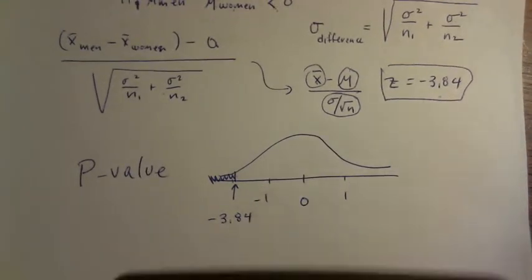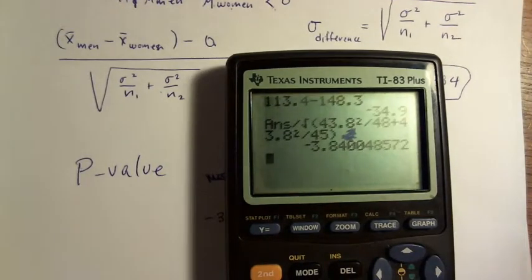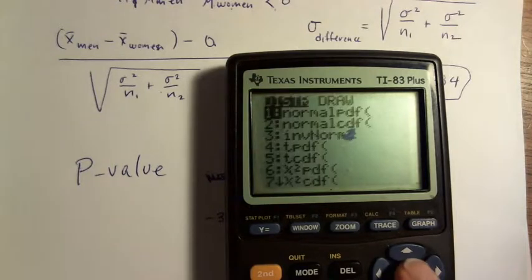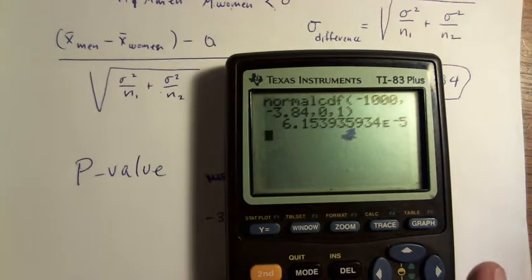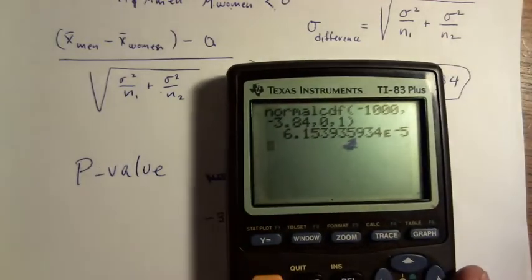Real quickly, to do that, clear this guy out. We're going to do the normal CDF from negative infinity, all the way up to negative 3.84, with a mean of 0 and a standard deviation of 1. It tells me 0.00006.